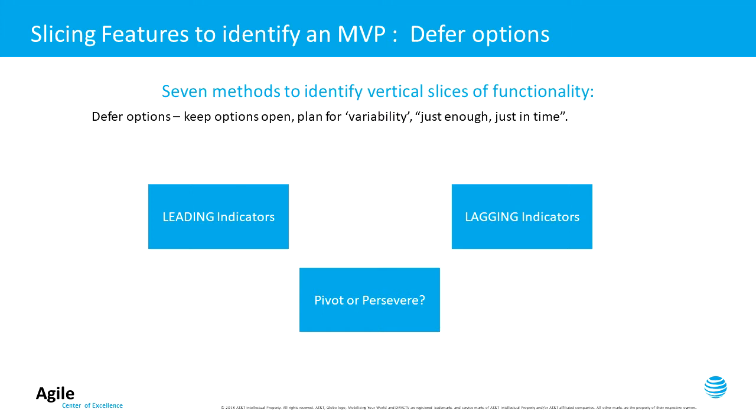When considering the options and what you're going to deploy, we want to make sure that we are meeting that need. We need ways of measuring this, and this is where concepts of leading indicators come in. Leading indicators are measures that predict that you're on the right track for success, before you deliver the product or a business objective. So a leading indicator is something that you're able to measure before.